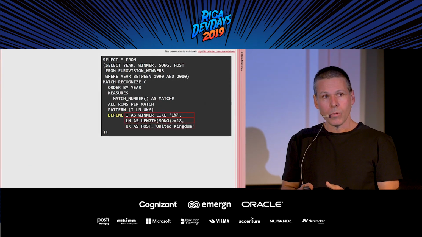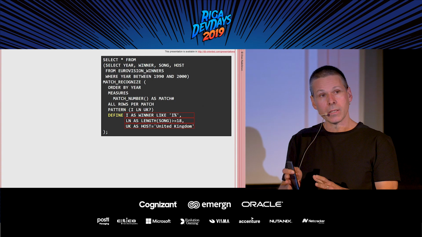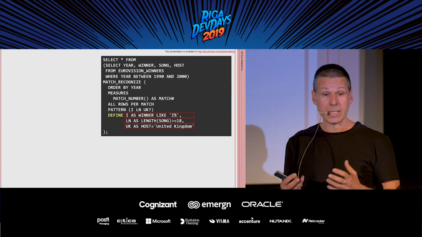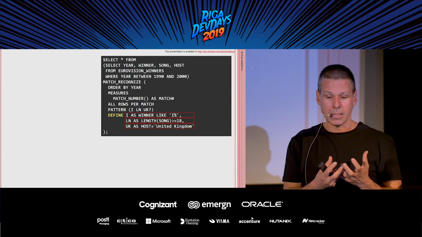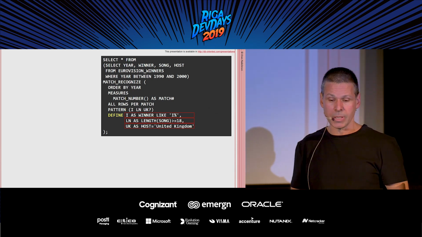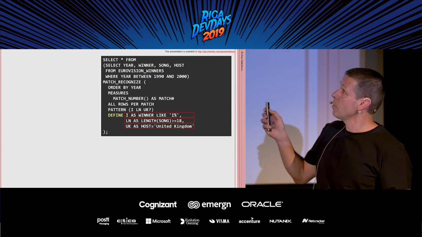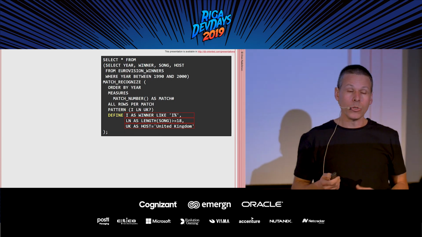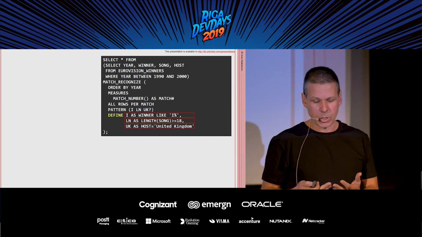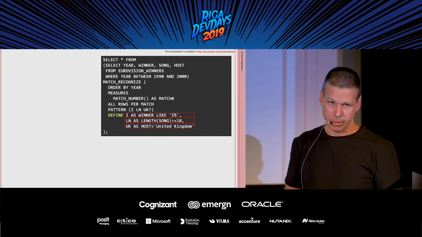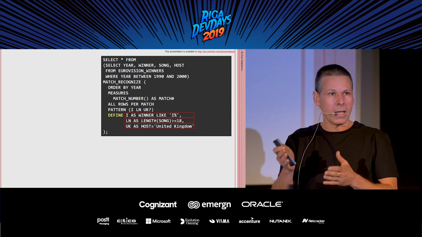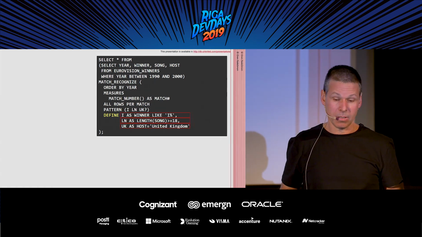Now, until now, all the pattern variables that we defined are independent of each other. Each variable is independent of the others, and usually we like to create some dependency between variables, because looking for winner equals Luxembourg is not very interesting.